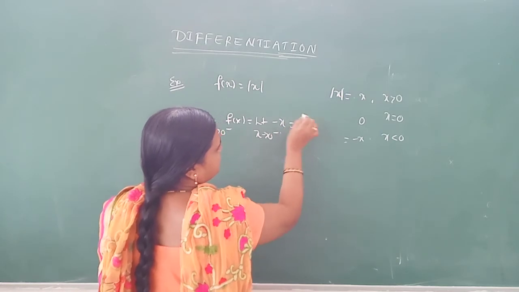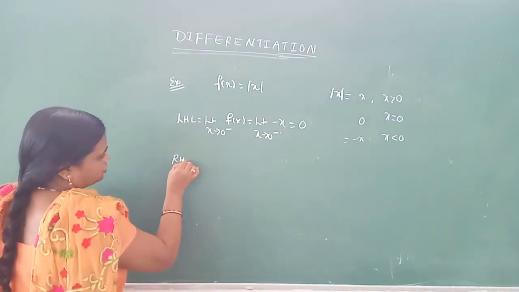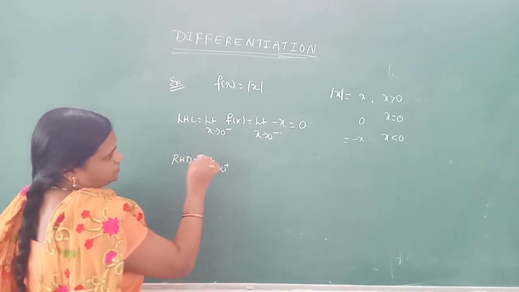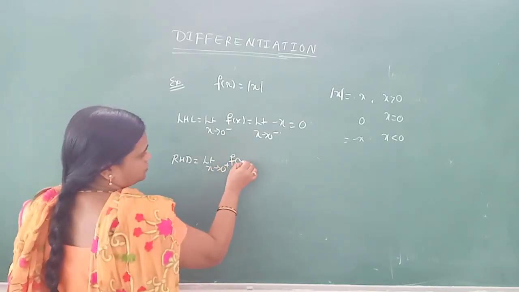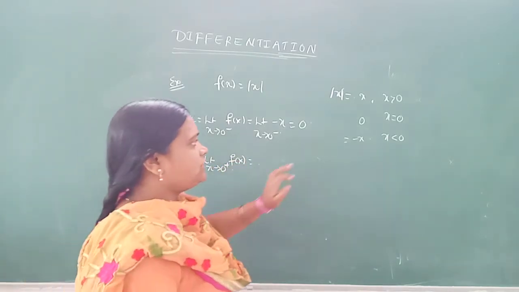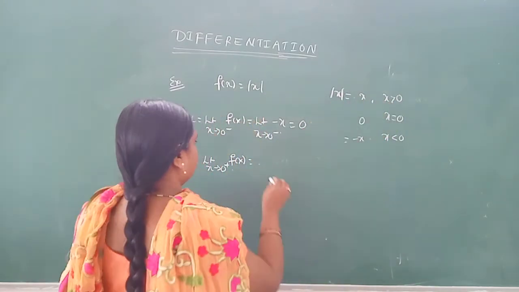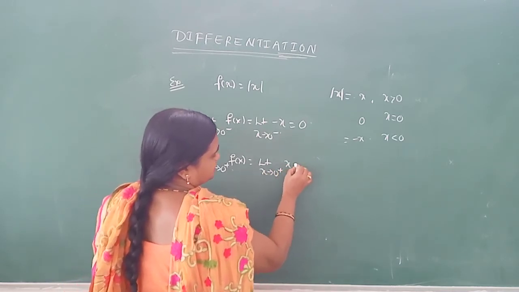Right. Limit is 0. Next, right hand limit. Limit as x tends to 0 plus, more than 0. Correct. F of x. See, more than 0, mod x is what? x. Correct. Limit as x tends to 0 plus of x.